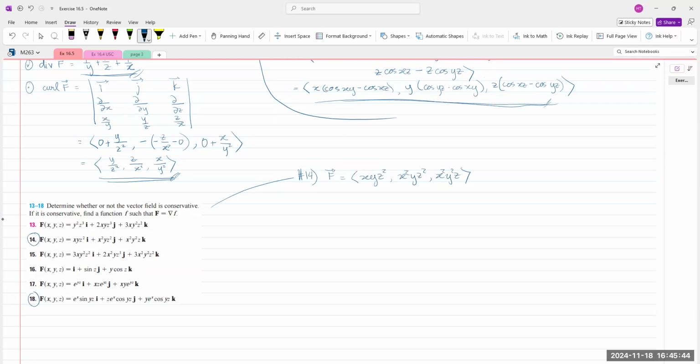To show that it is conservative, we need to see if the curl of that vector field equals 0, which means it's conservative because it is irrotational.